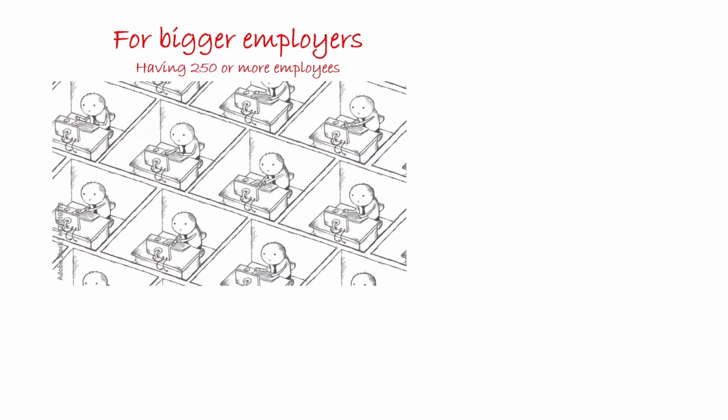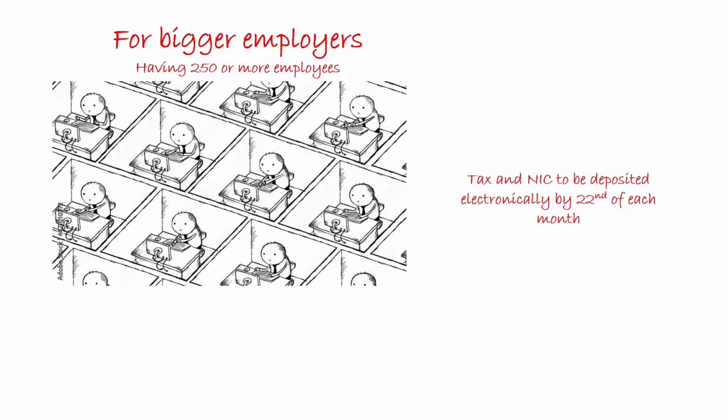Employers having 50 or more employees have to pay this amount electronically by 22nd of each month. Employers having less than 50 employees can also make this payment electronically by 22nd of each month. In the exam, please use 22nd as the due date.